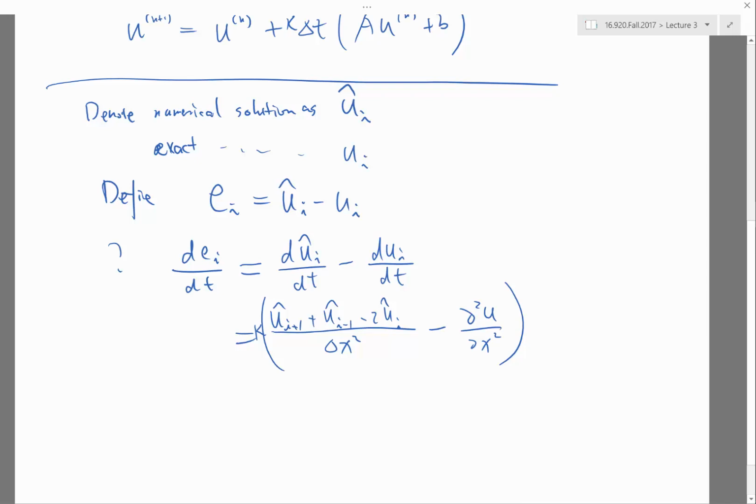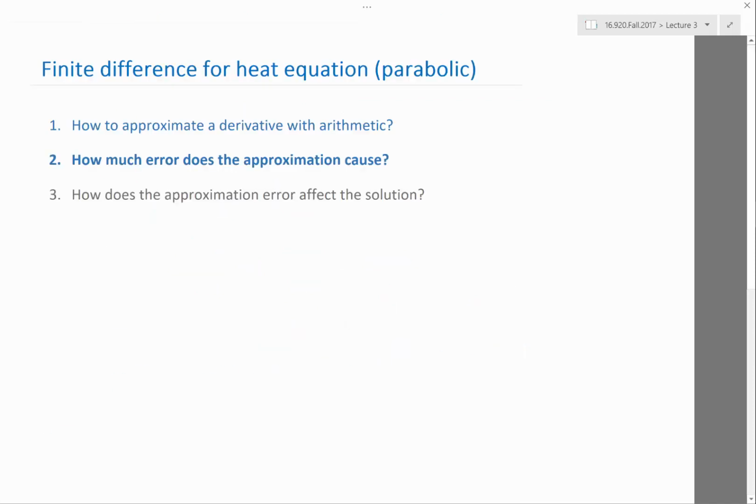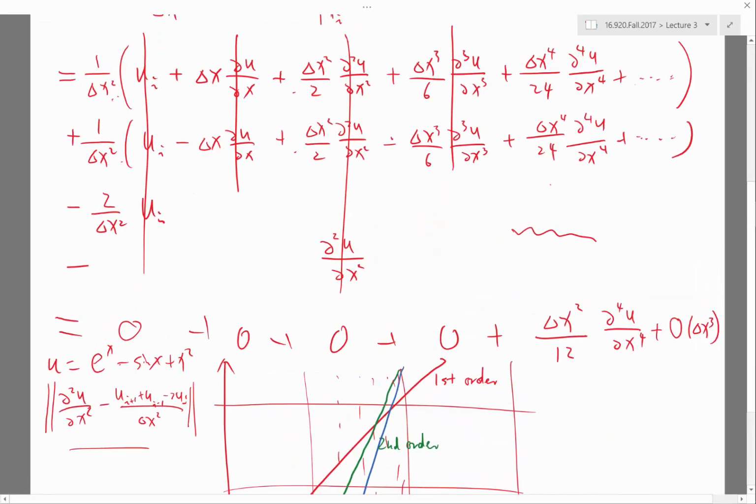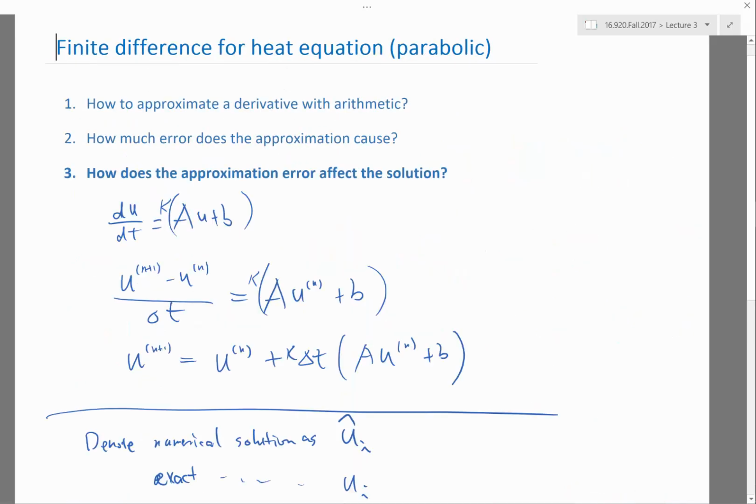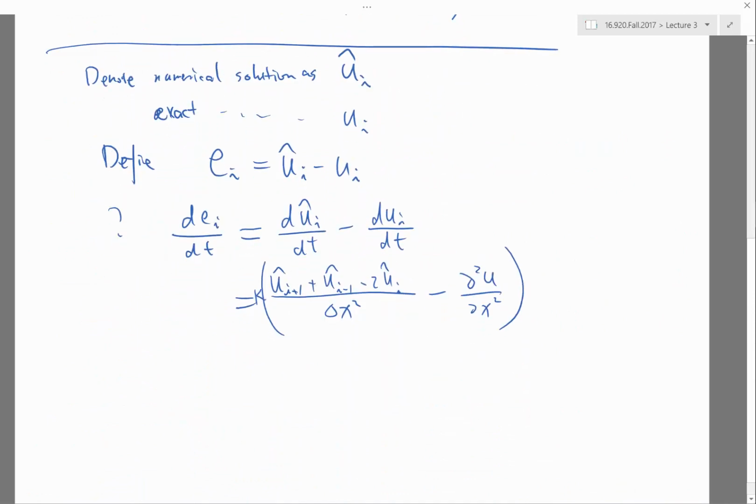So this is a little bit different from the error analysis we did before. The error analysis we did before used Taylor series analysis, right? If you remember, we were looking at the difference between the finite difference operator and the analytical derivative operating on the same u, which is different from what we get here. We are looking at the finite difference operator operating on u hat and the analytical derivative operating on u.